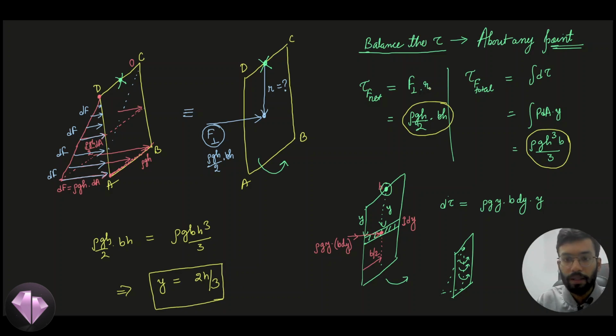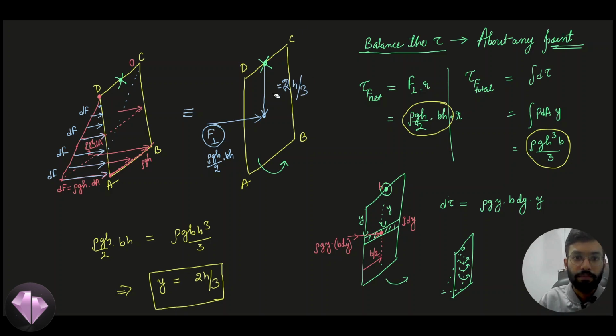Okay, this is r, right? Just a second. F perpendicular into r, so this would be r over here. Rho gh by 2 into bh is my force, and you have to multiply it by r. So this is y, which is r. So this is 2h by 3.